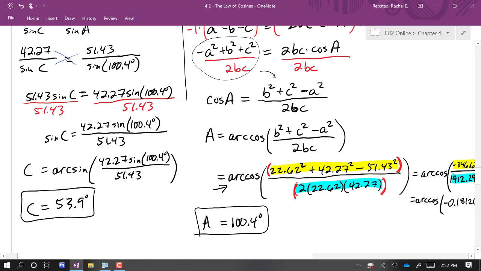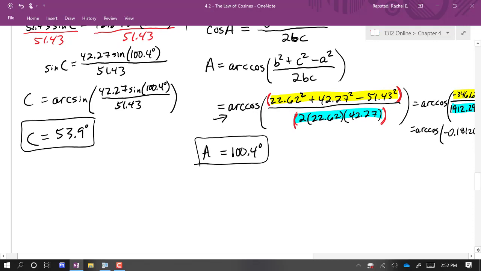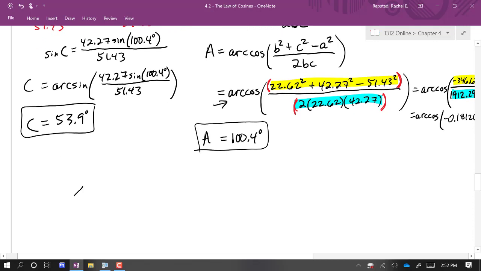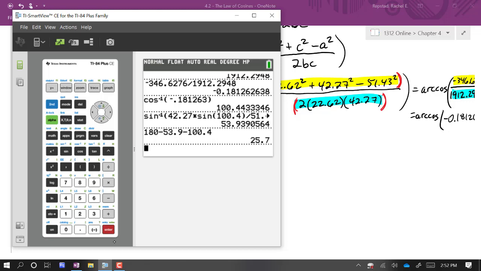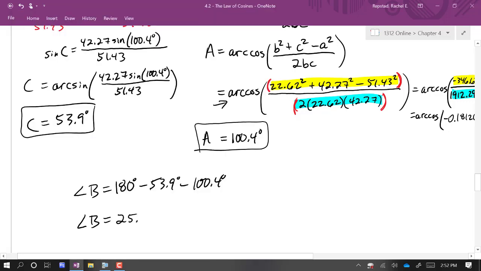So I know angles A and C. Now the only thing left to do is to find angle B, and that one's going to be easy because I'll just subtract from 180. And we get 25.7 degrees for angle B.